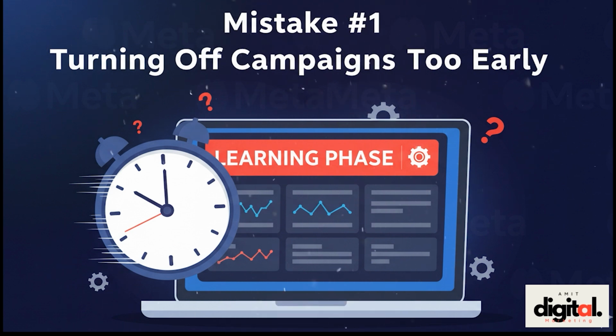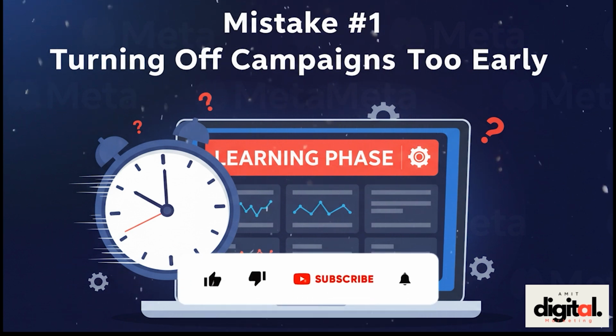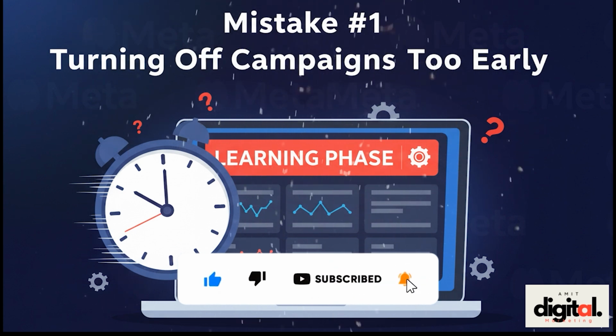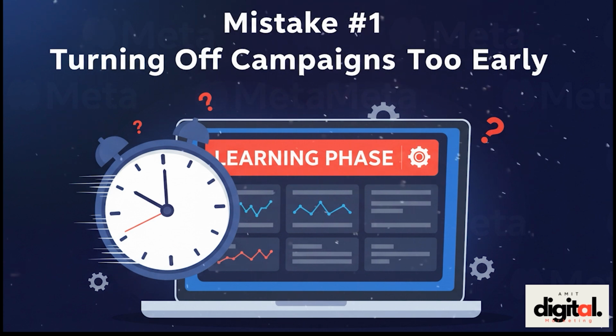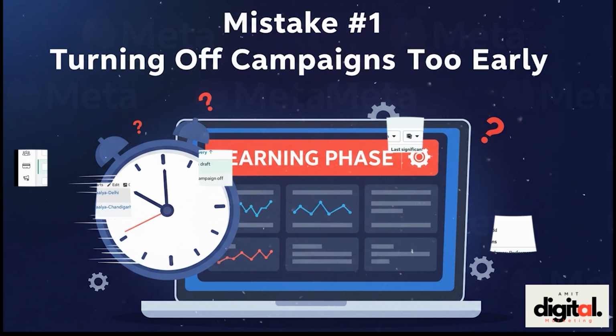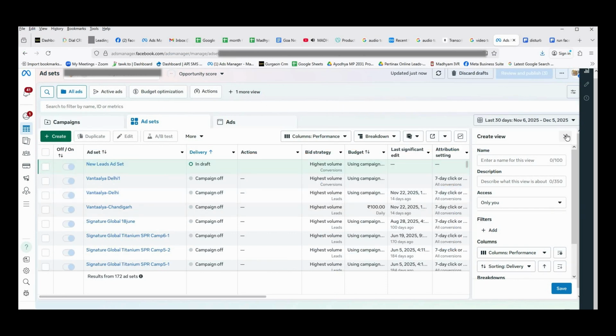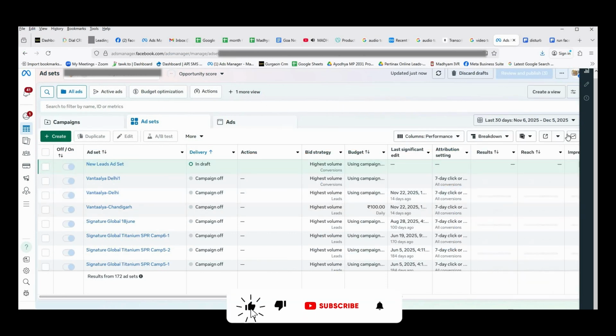Turning off the campaign too early. Many beginners make this mistake when running Meta ads. They launch a campaign and start checking results every few hours. If they don't get leads or sales on the first day, they stop their campaign immediately. This is a big mistake. Meta needs time to optimize your campaign.